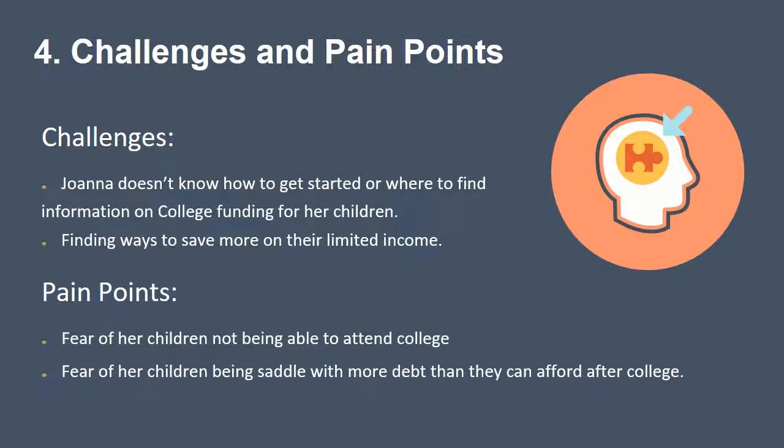However, she's worried that her kids are going to be saddled with student loan debts, and if they decide to be a teacher like she is, maybe that burden will be just too much to bear. So here we're talking about her challenges and her fears, and if we can use language that addresses those concerns in our marketing messages, then Joanna won't have any reason not to take action, okay?